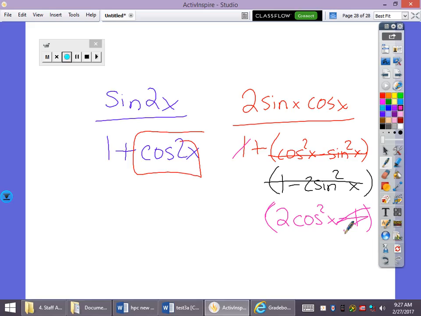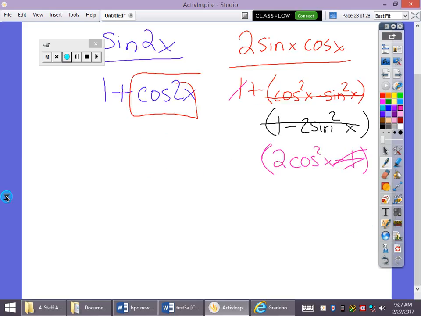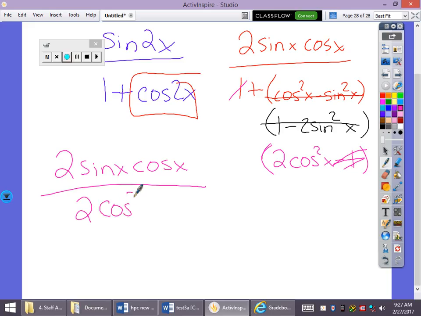So I now have 2 sine x cosine x. After the 1's cancel, I have 2 cosine squared x. Now what else cancels? The 2 cancels, and this cancels that. So I'm left with a cosine x on the bottom and a sine x on the top. Was that my goal? Yep, problem done.